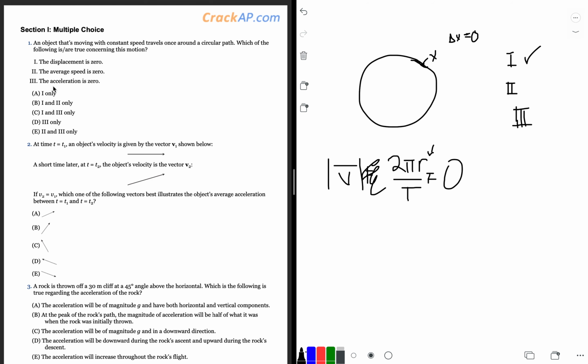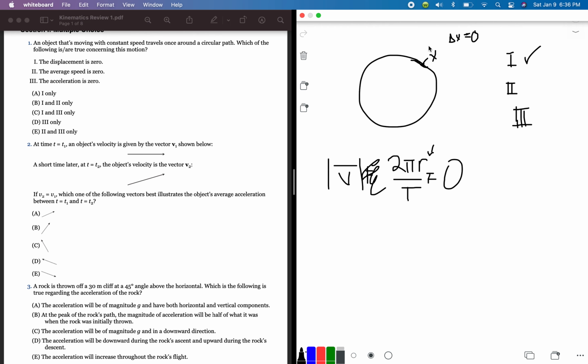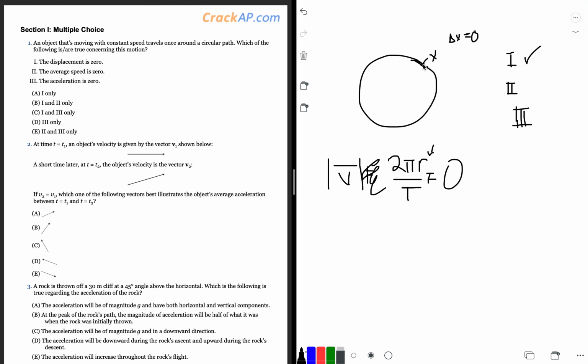And the third part is the acceleration is 0. Well, we know that the acceleration, if it has a constant speed, right, that means that its tangential acceleration, a sub t, must be 0. But we know that acceleration is a vector, which means it has both a tangential and a centripetal component.